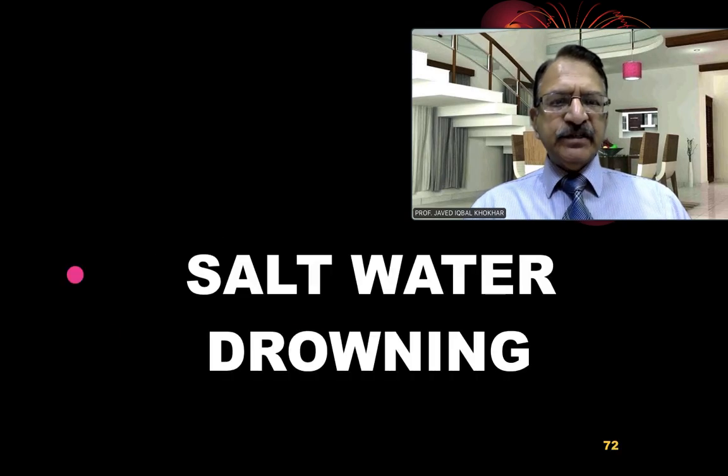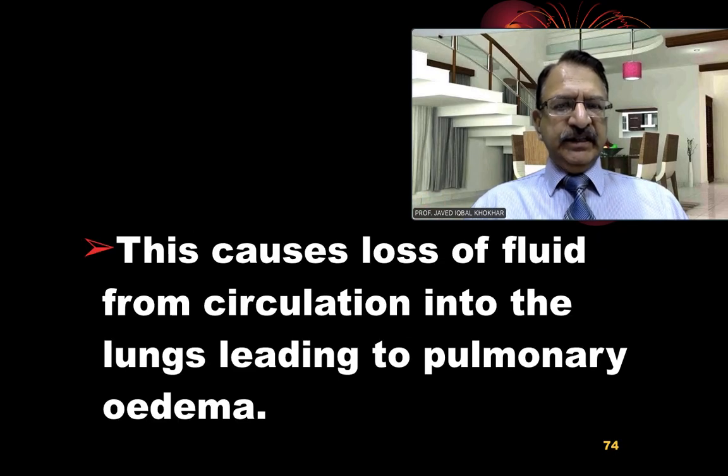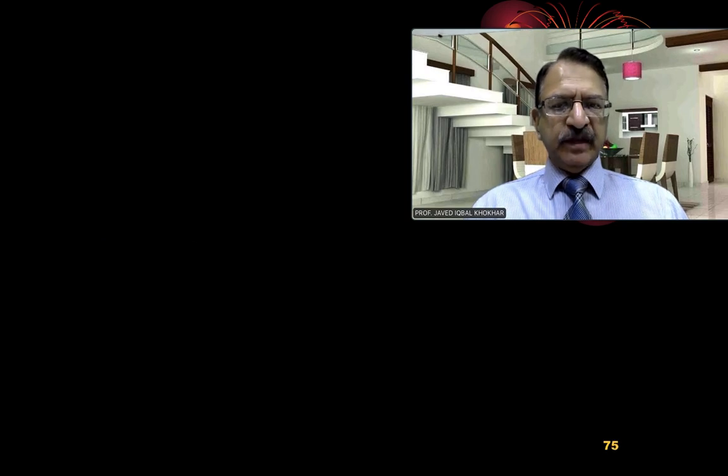Then what happens in salt water drowning? This is a hypertonic solution, and when this hypertonic water is inhaled, it will cause loss of fluid from the circulation. From the circulation, the blood will come into the interstitial spaces and there will be marked pulmonary edema.